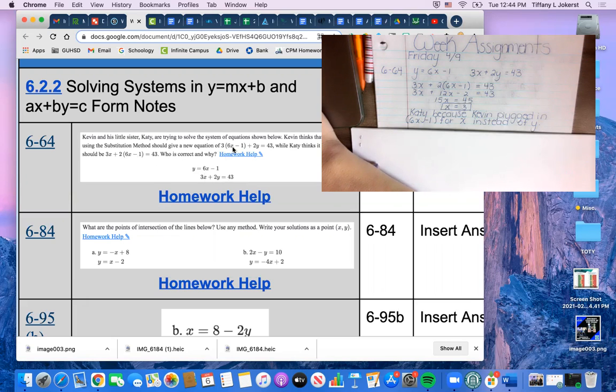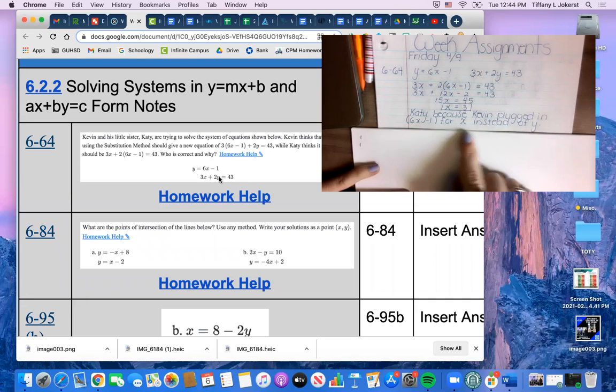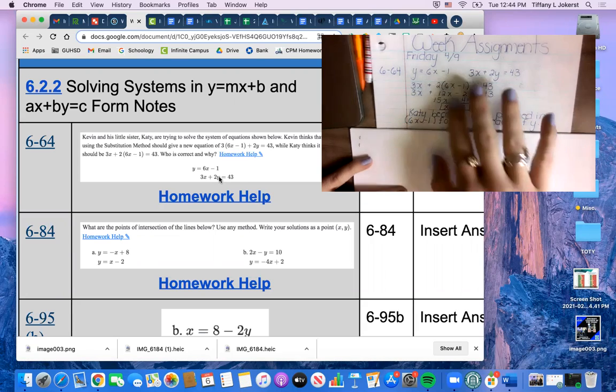So they both did it in separate spots. Well, if you look carefully, we have that y is equal to 6x minus 1. So where we can plug in the 6x minus 1 is into the y, because y is equal to that. So Katie is correct and Kevin is not correct.